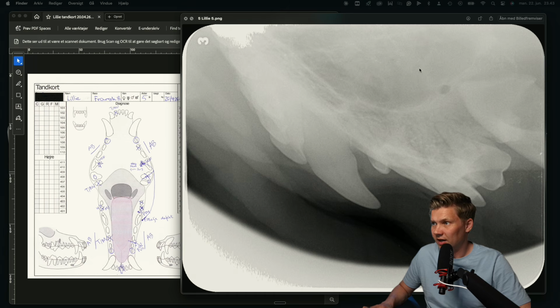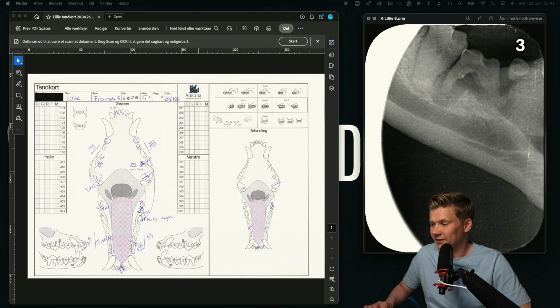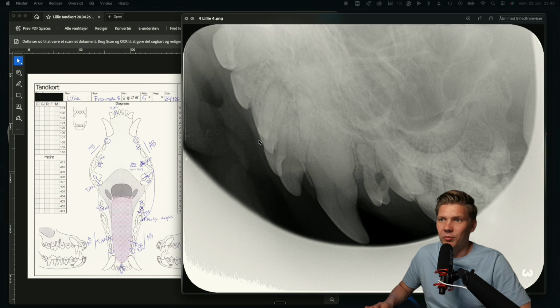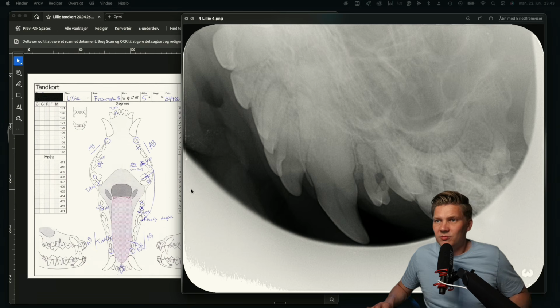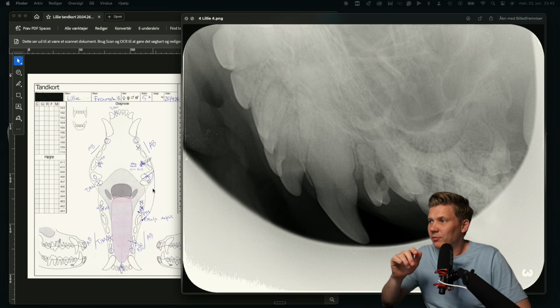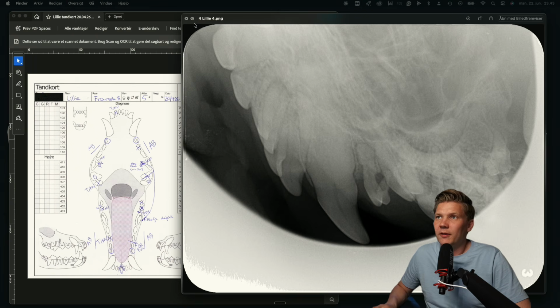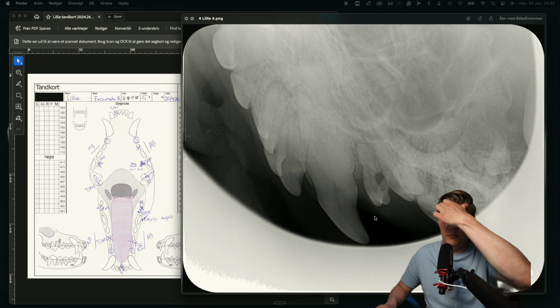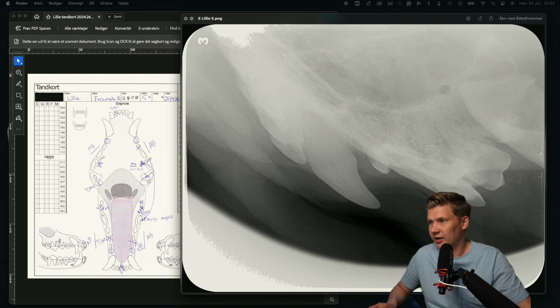I took another angle here where you don't see much detail at the moment. But I noted M1, so there's mobility on this tooth, and there's a 6 millimeter pocket distally. So it's moving. There's a 6 millimeter pocket. And based on this and the bleeding that we also found, you have to extract this tooth. All right, so let's move on to the next.